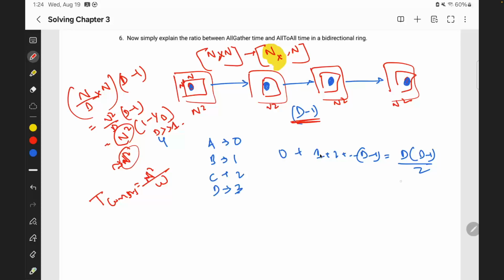And so particularly for all-to-all, you are transferring only this much amount of data. So this one will result to n square by d.